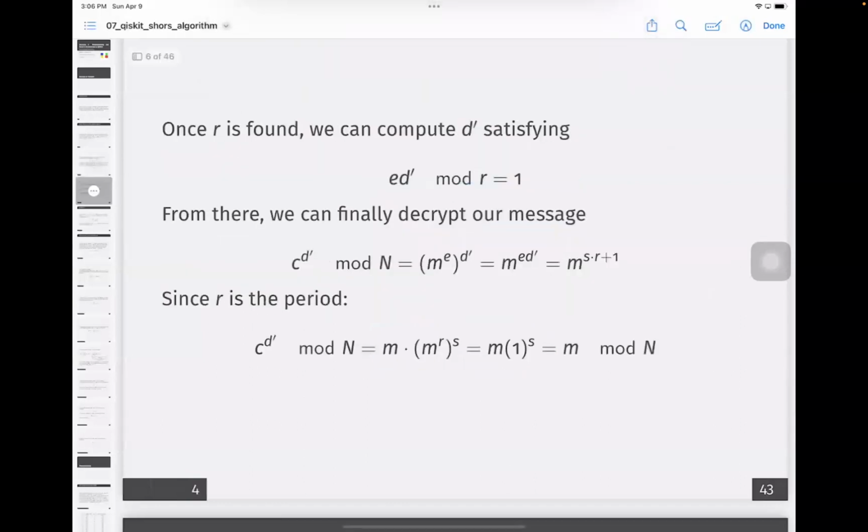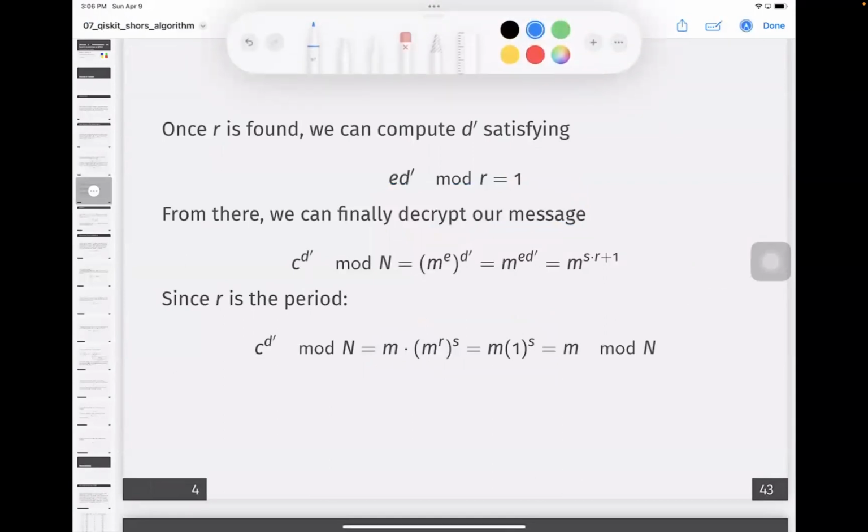Now what can we do once we have found a period? Once we have found a period, we can compute the modular inverse of E with respect to the modulus R. And that modular inverse, we call it D prime.